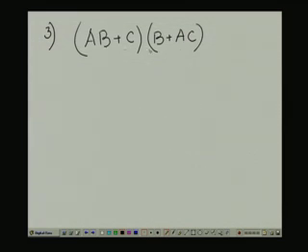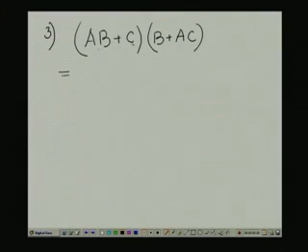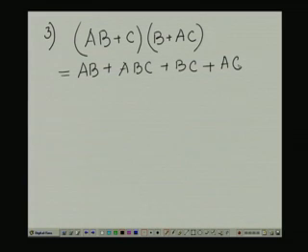Now, again here we have to apply the postulates and the theorems. First, if we apply the distributive law, then it becomes a b plus a b c plus b c plus a c.